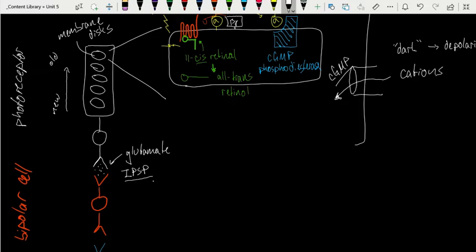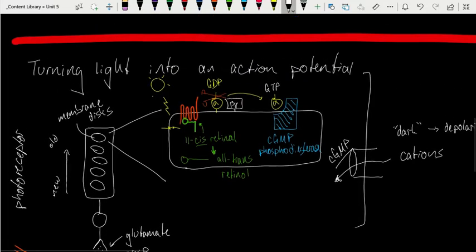Now, what does light do? Well, if we go back up to what we see up here, the light came in, turned 11-cis-retinal to all-trans retinol, which activated our G protein coupled receptor. This then activated the alpha subunit, which went and bound to cyclic GMP phosphodiesterase.